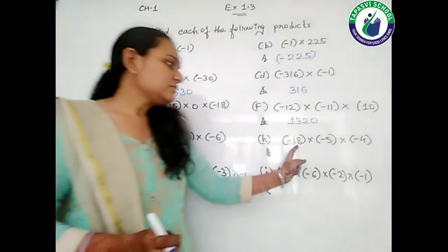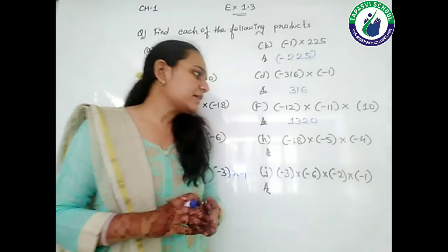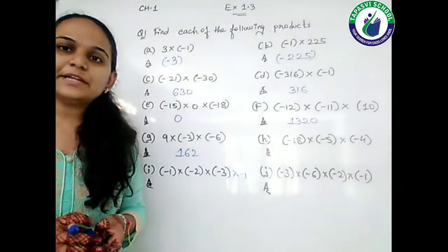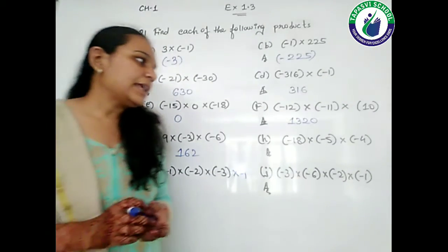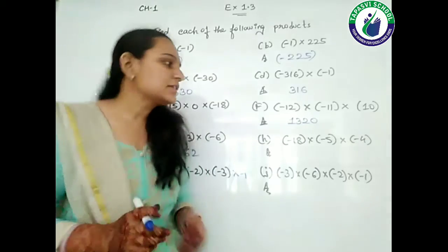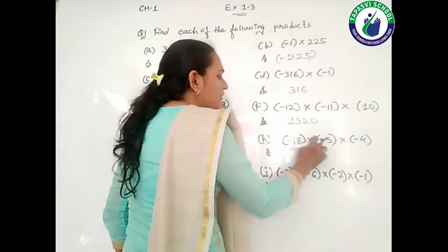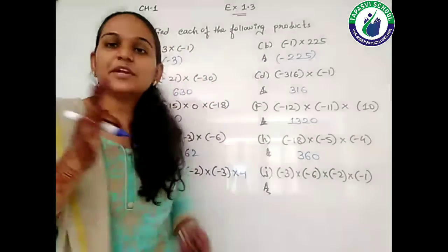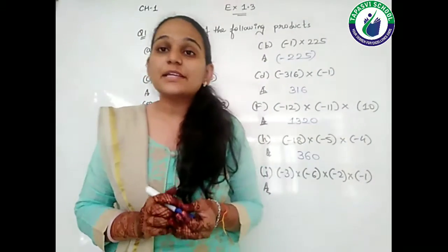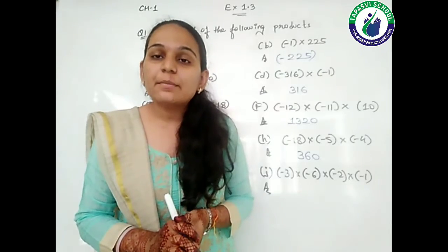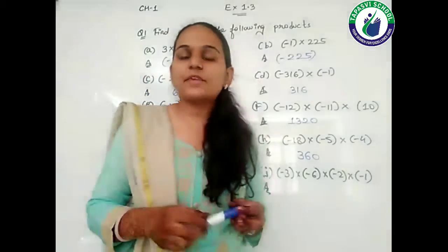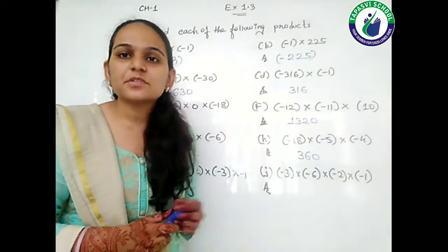So 18 5s are 90, and 90 4s are 360. And how many times is the negative sign there? 3 times. 3 times means the negative sign is coming an odd number of times. So if it is coming an odd number of times, we will always write the answer with a negative sign.